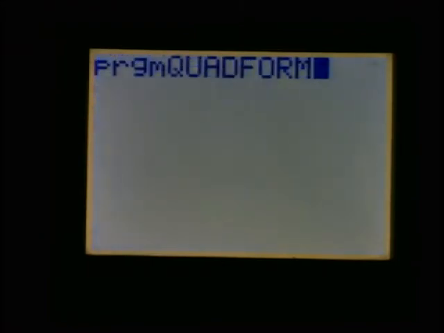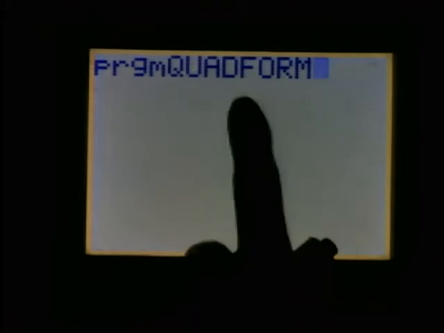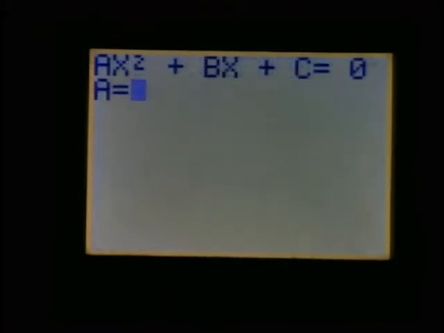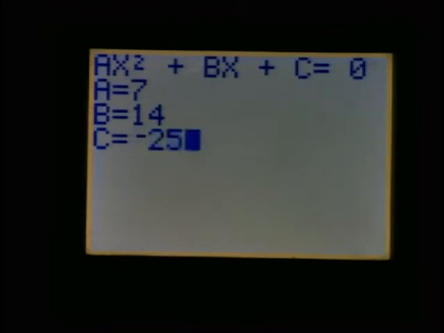So I start this program called Quadratic Formula, and it asked me to input the A, B's, and C's. So I go back to the original problem. If I want approximate values, A is 7, I hit enter. B is 14, hit enter. And C is negative 25, enter.